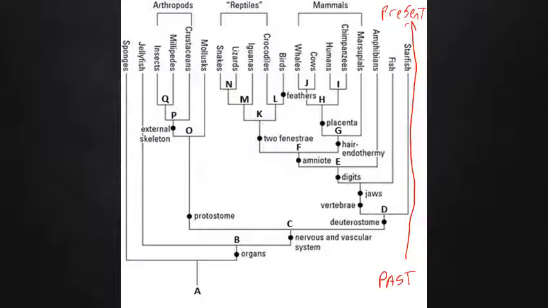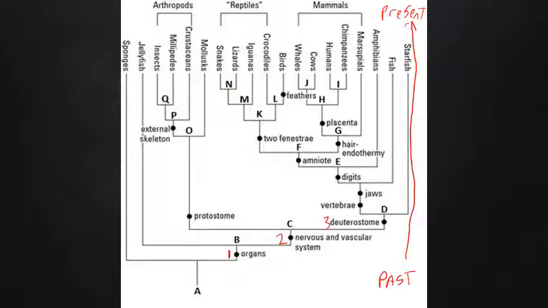And let's start by tracing the evolution of traits based on this phylogenetic tree. According to this phylogenetic tree, general organs would evolve first, followed by nervous and vascular systems.